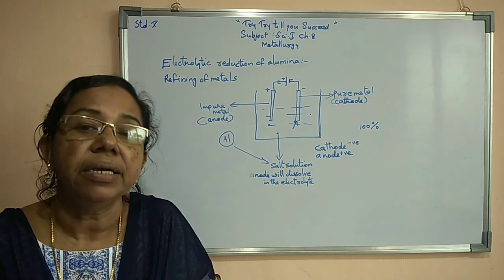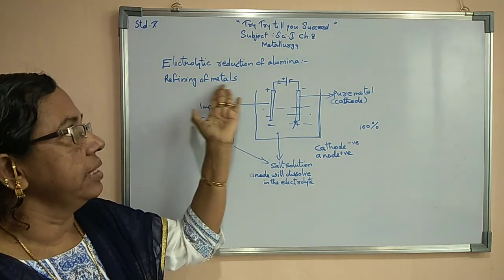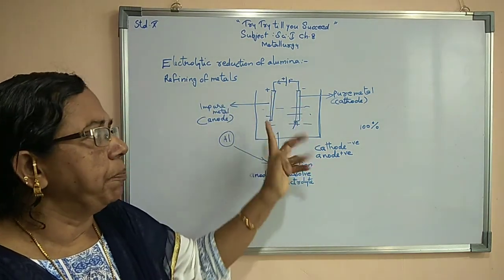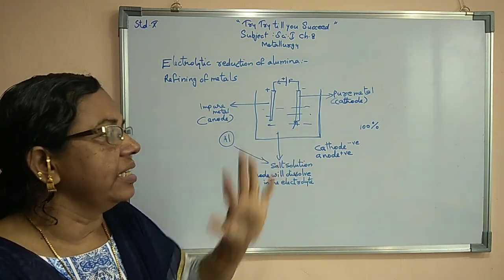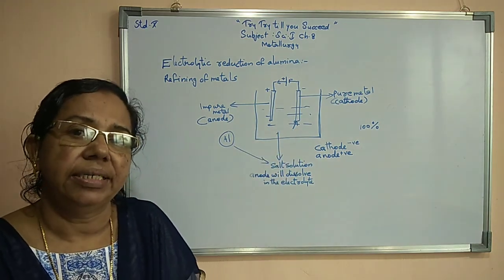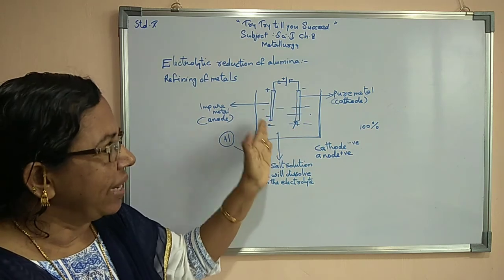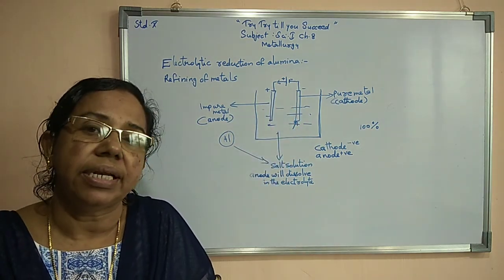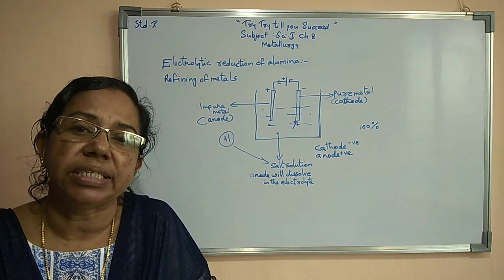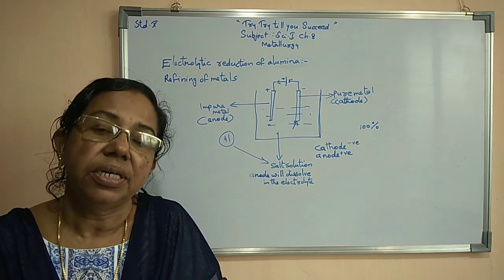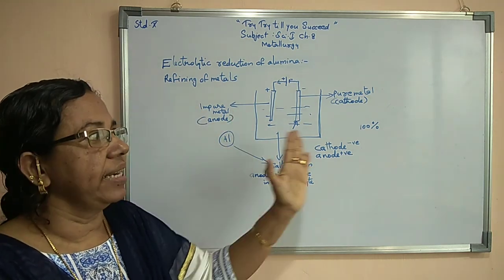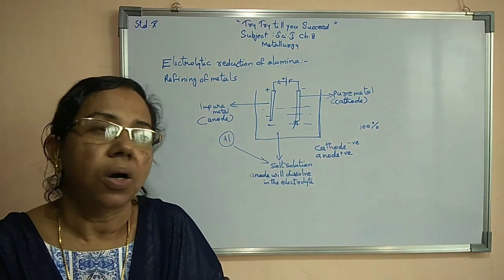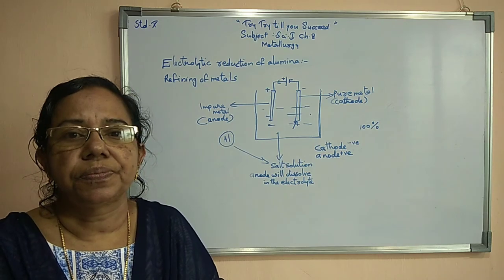But when we use refining of metals, we use pure metal, impure metal and the metallic solution, so the metal collects on the pure metal. As a result, impurity formation is not going to occur. So as a result of refining of metals, we will get 100% pure metal on the cathode. Thank you.